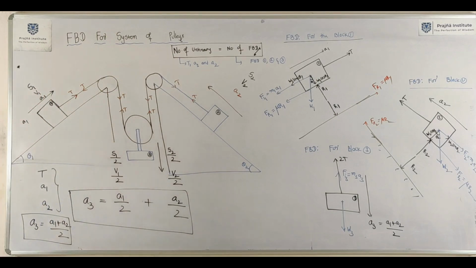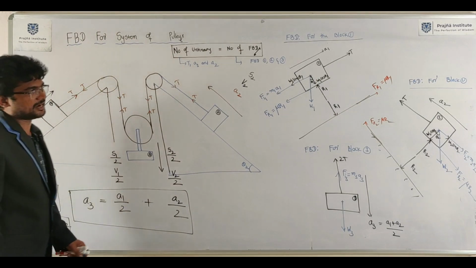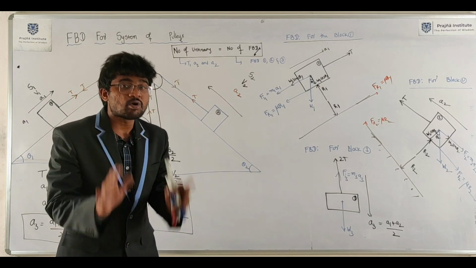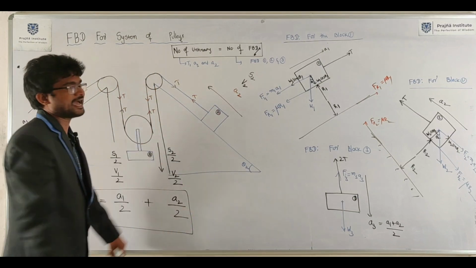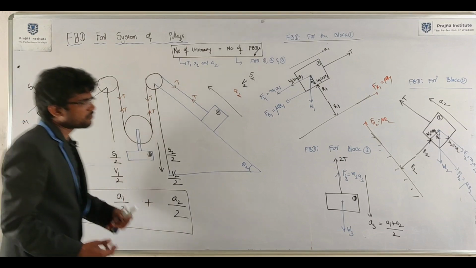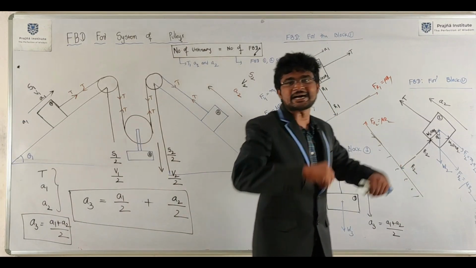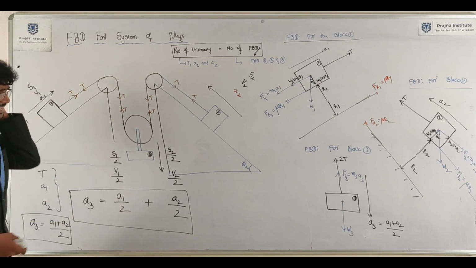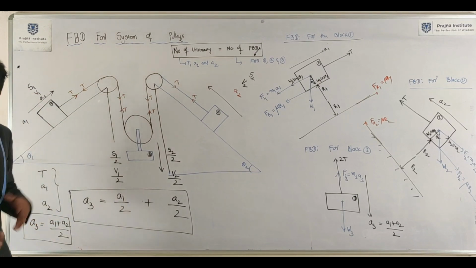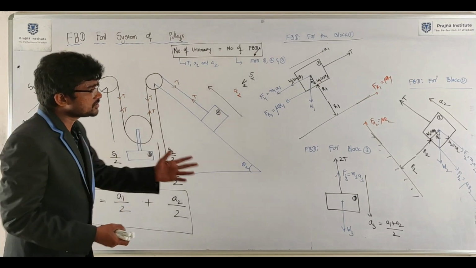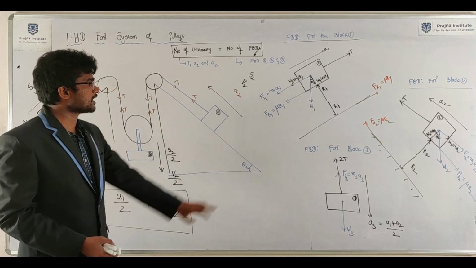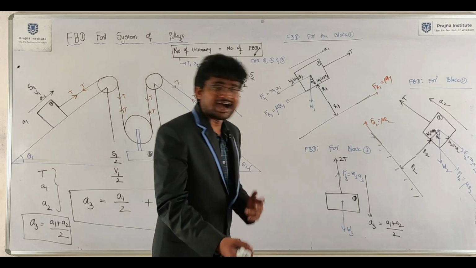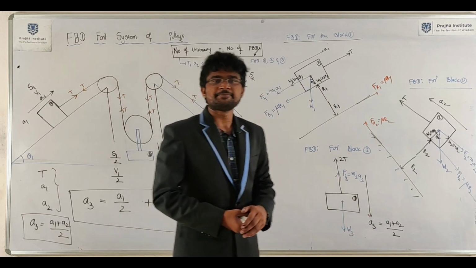This type of question won't come in GATE, but procedure and methodology are important. You are in a position to draw the free body diagram. They may ask for only the free body diagram in the exam. So how to draw the free body diagram? They gave this much big figure. Nothing wrong in that. They asked you to draw the free body diagram for block 2 only, or asked only acceleration A3.